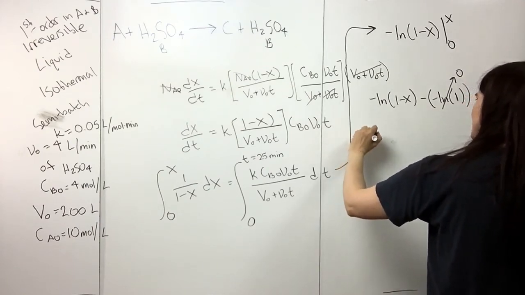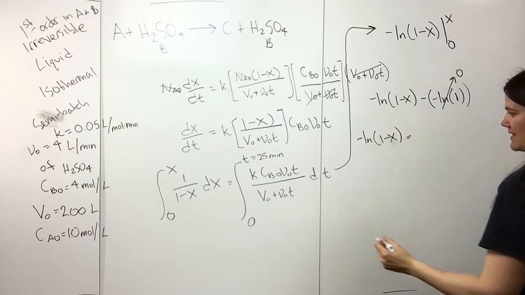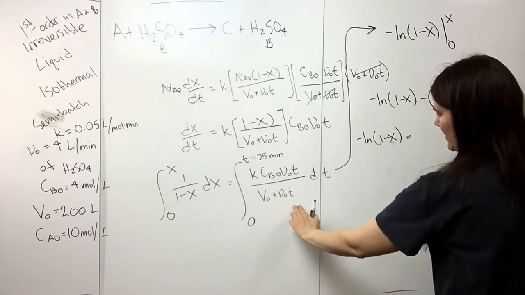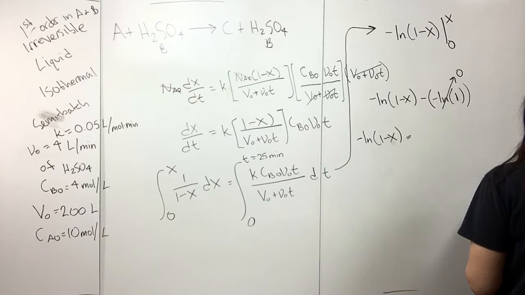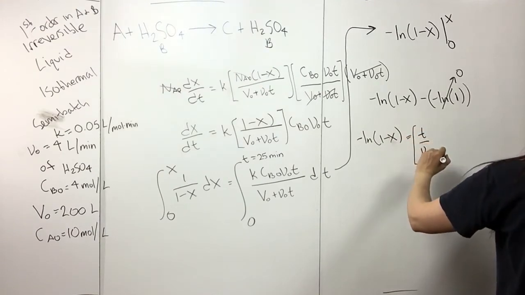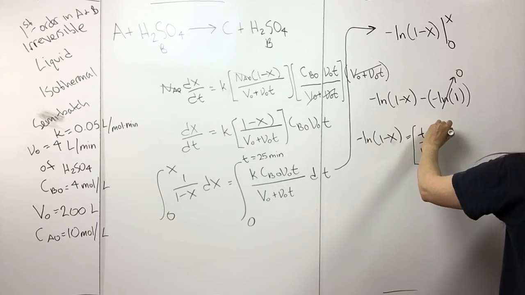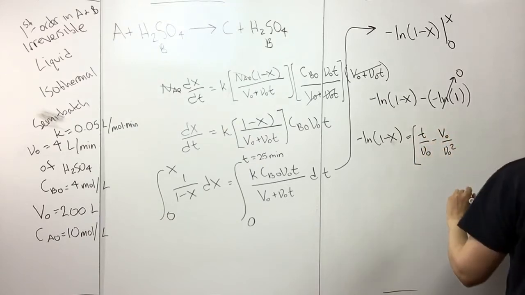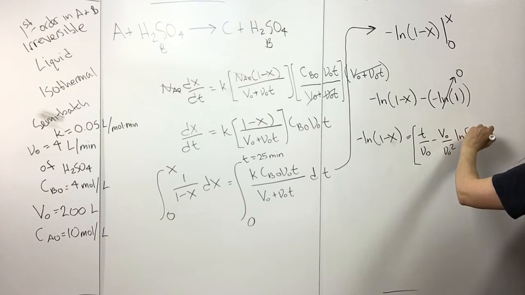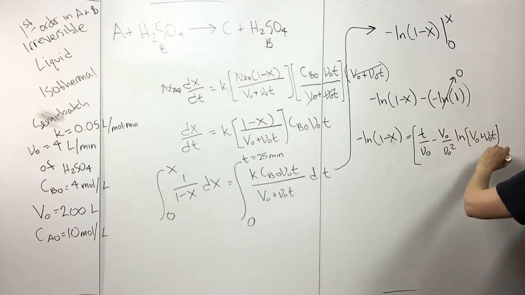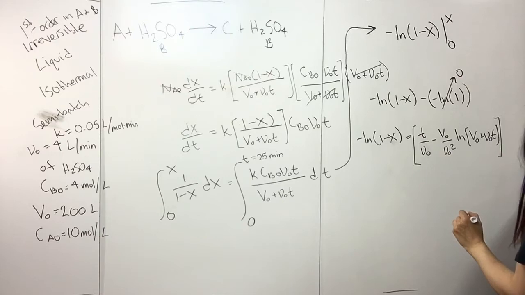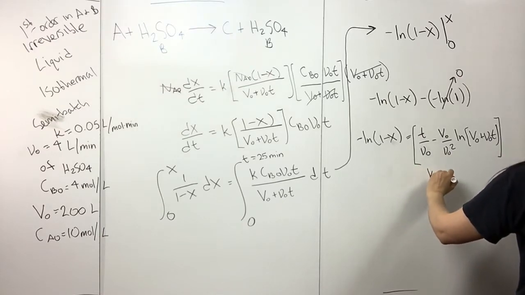So minus ln(1 minus x), and then that is equal to, and he actually gave you the integration for an equation that looks like this, and that was t over V naught minus V naught over V naught squared, natural log of V naught plus V naught t, and then this is all multiplied by kA.